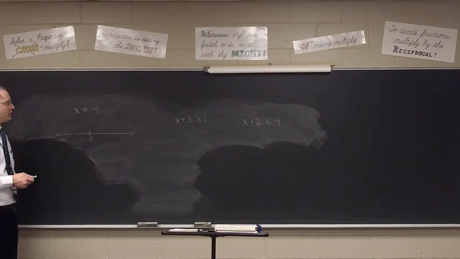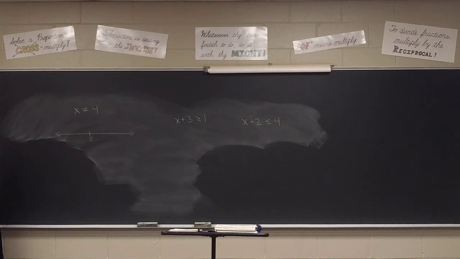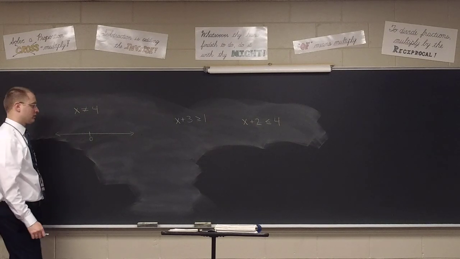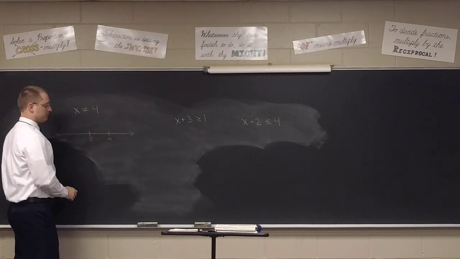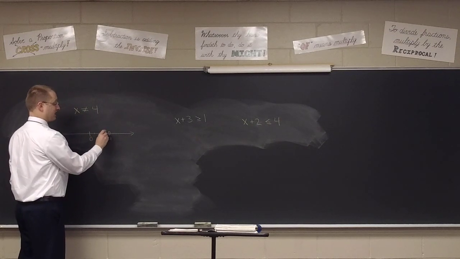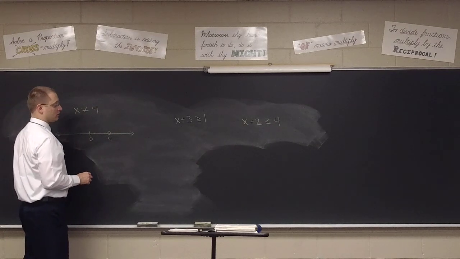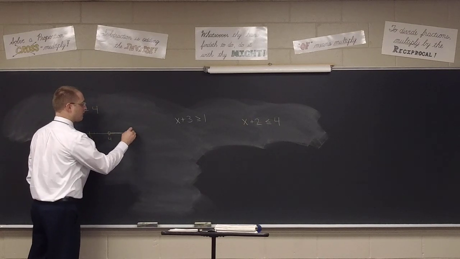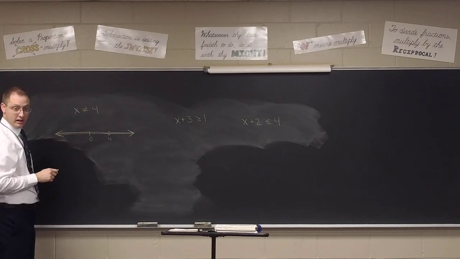How would I graph that on a number line? And then you put a circle on the 4. Good, circle on the 4, because it can't be that. Then you fill in both sides. Good, you're going to shade in both sides of the number line, including those arrowheads there.